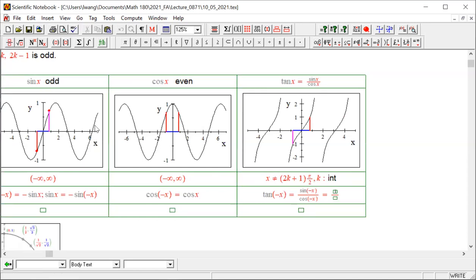Are you writing it down on your paper? Sine of negative x is a negative of sine x. Cosine of negative x is the same as cosine x, because sine is odd and cosine is even. So this equals negative of tangent x. This is the algebraic proof that tangent is odd.